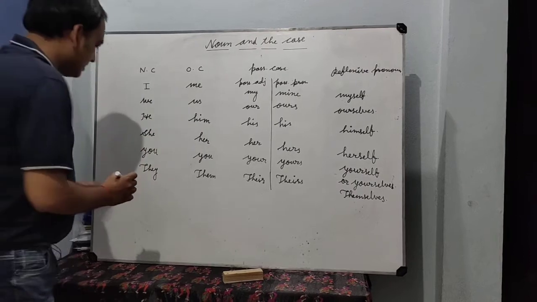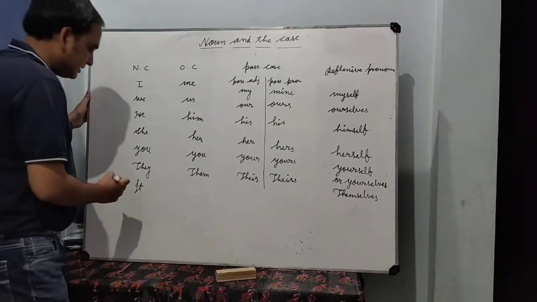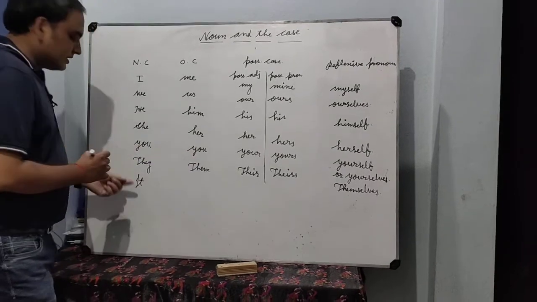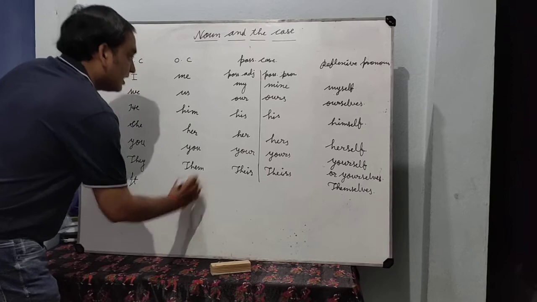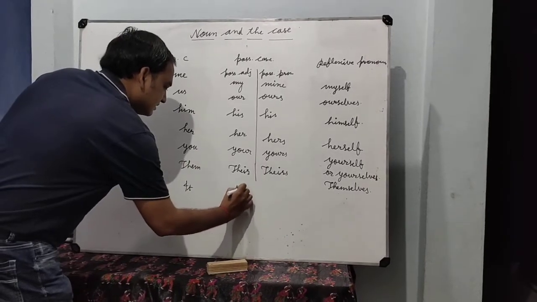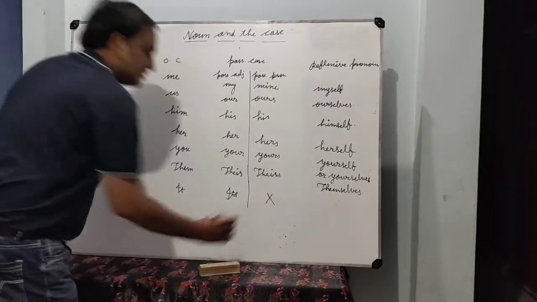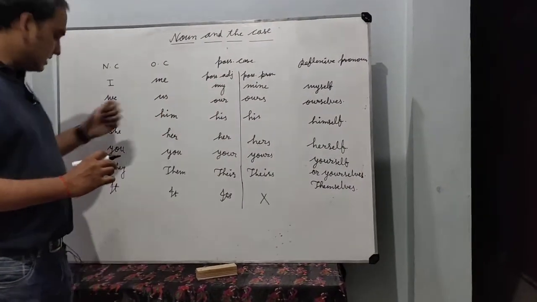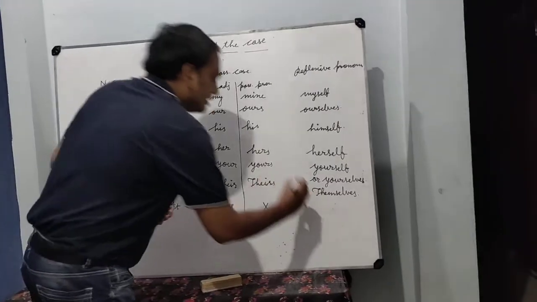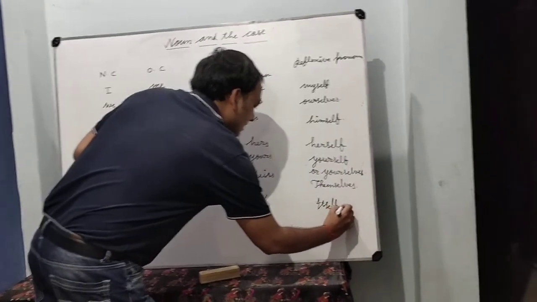And one is remaining, last, it. It is used for the non-living things. Basically, nominative case is it, objective case is also it, possessive adjective is its, and possessive pronoun is crossed out. It means that there is no word for the possessive pronoun, especially for it. And its reflexive pronoun is itself.